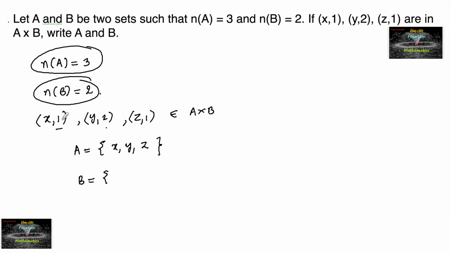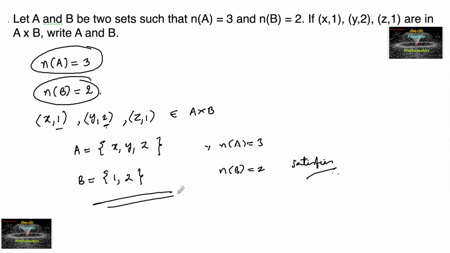We can find here 1 is one element and the next element 2, and again 1 is one more, so we'll write only 1 and 2. So it is also satisfying since n of A is equal to 3 here and n of B is equal to 2, which satisfies the cardinality, and hence we can conclude that A is equal to {x, y, z} and B is equal to {1, 2}. Okay, right, thank you.